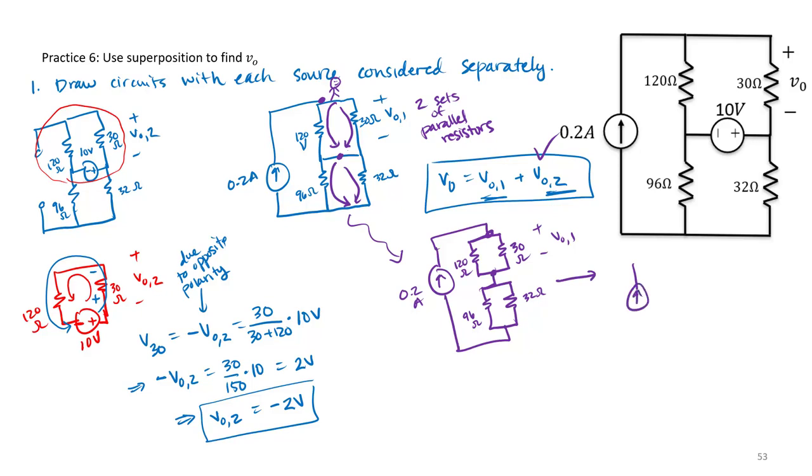I can further simplify this circuit if I use our formula to simplify those parallel resistors. But notice I don't want to combine my resistors fully because I want to determine V01. I'll determine that in this case I basically have two 24 ohm resistors in series with each other.